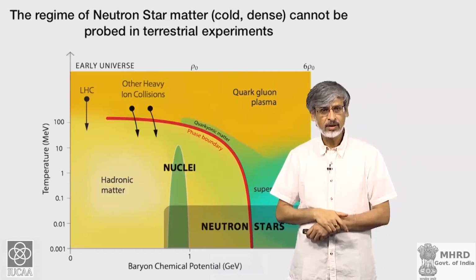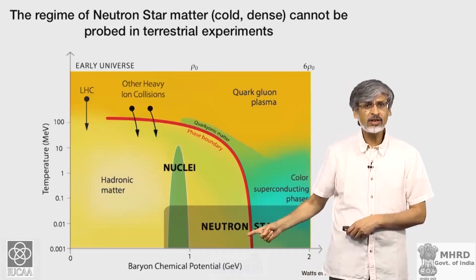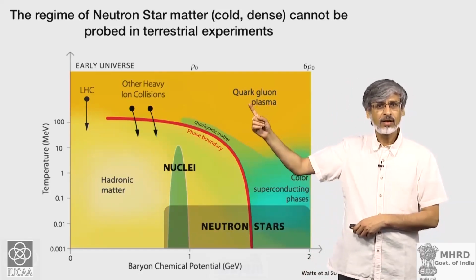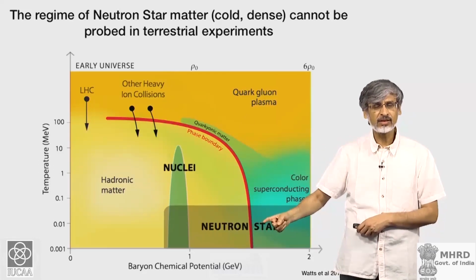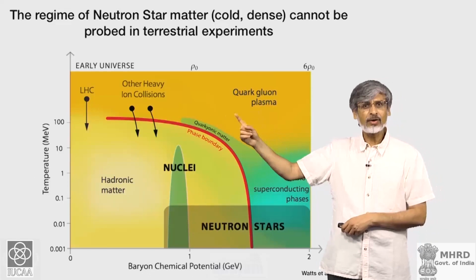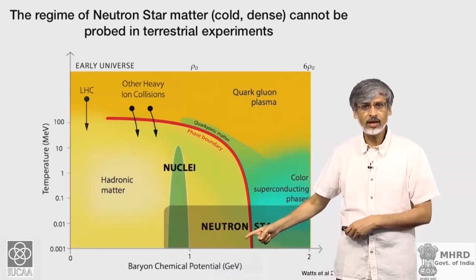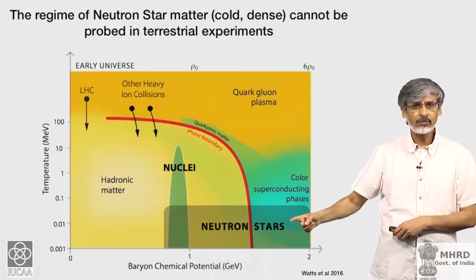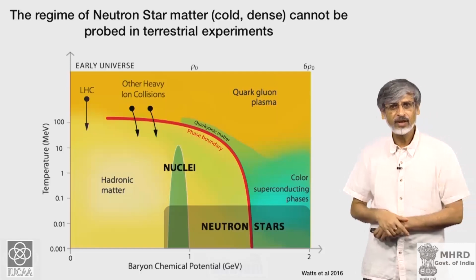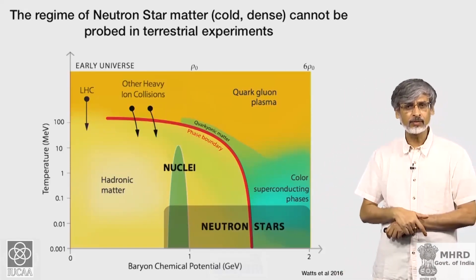different accelerator experiments. Unfortunately, neutron stars, the density and temperature regime of neutron stars are not covered by any of these experiments. So, neutron stars sit in this corner where it is very high density and very low temperature, and this kind of material is impossible to produce in the laboratory.